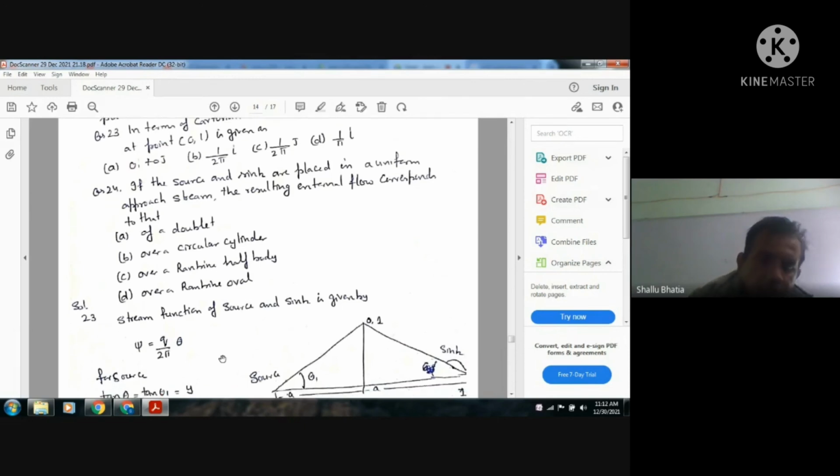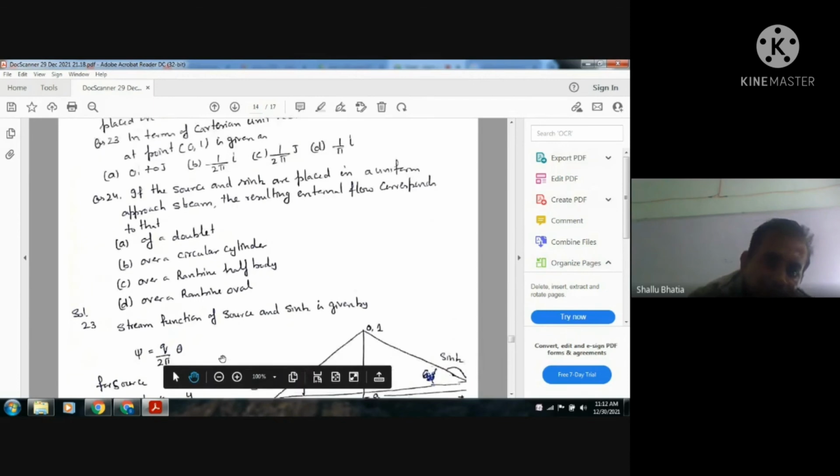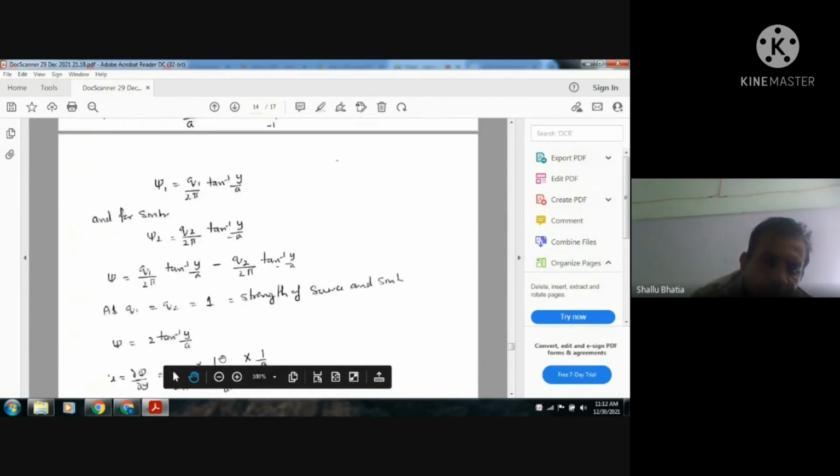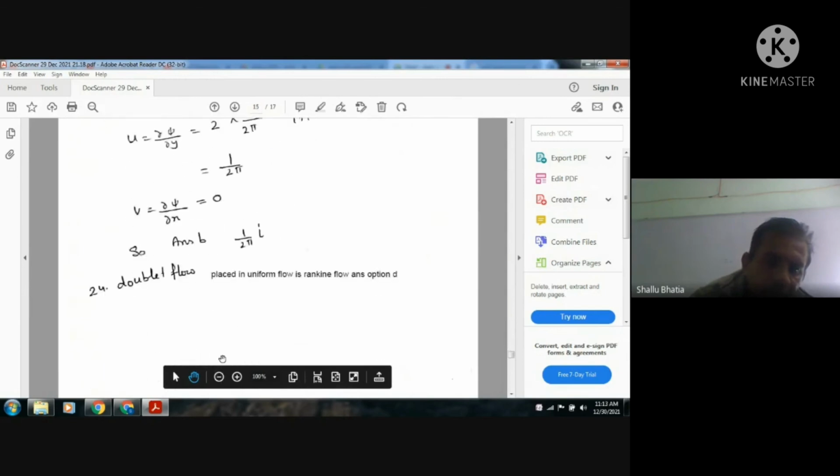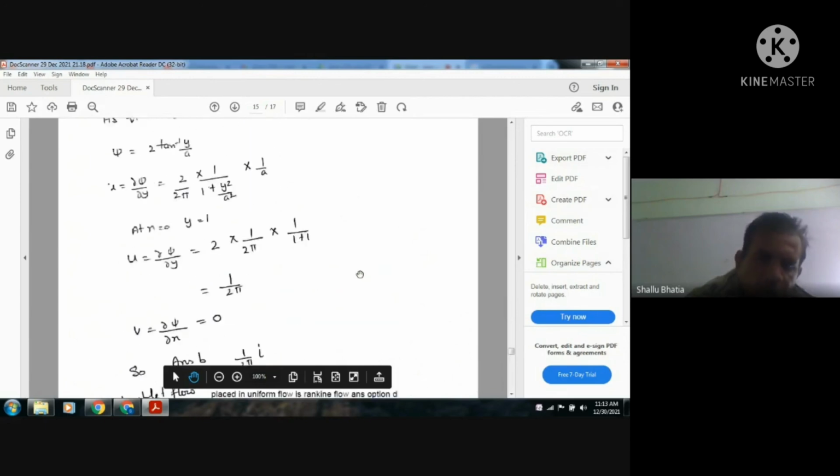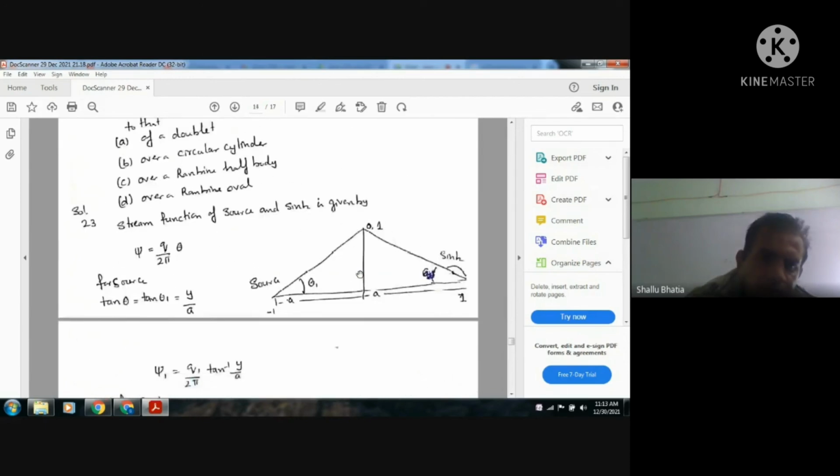The source and sink when combined form a doublet, so it is a doublet placed in a uniform flow, which is a Rankine oval. So option D is the right answer.